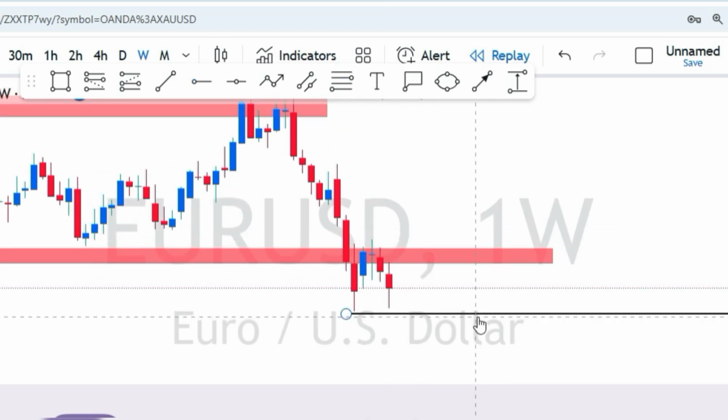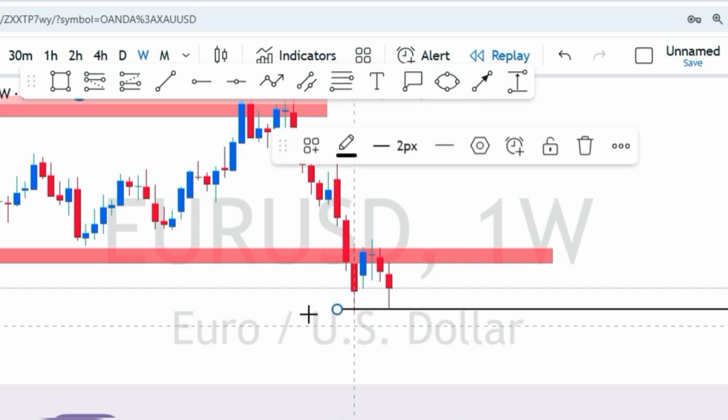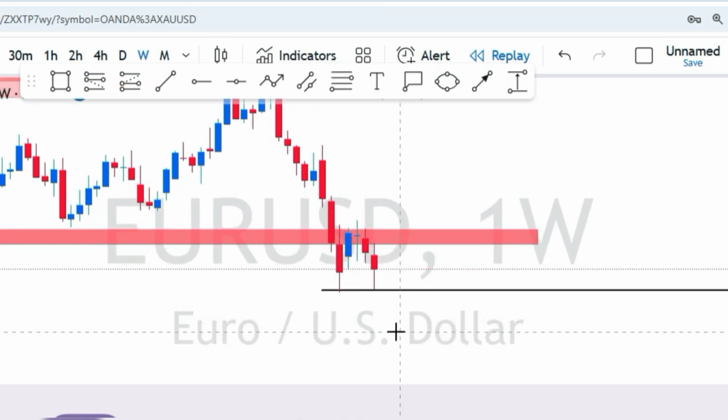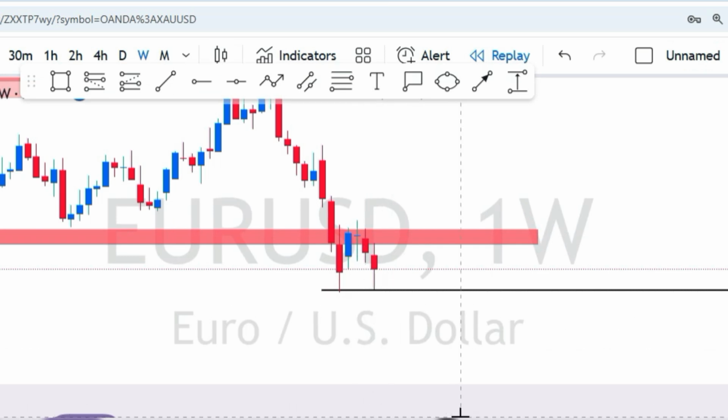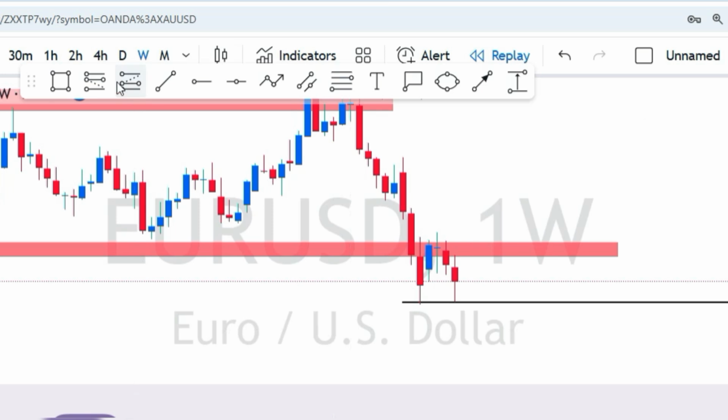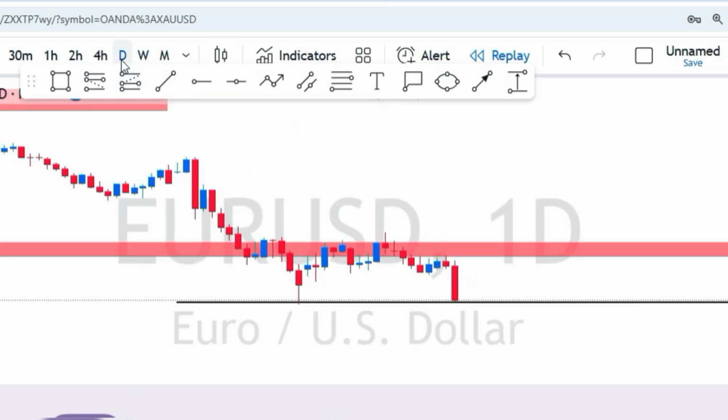This was the resistance that pushed price back for a retest. If we are to go down to this particular level, then this resistance zone that pushed price upward should be broken before we can move all the way down to this particular level.